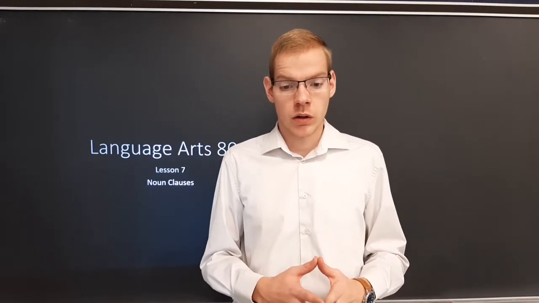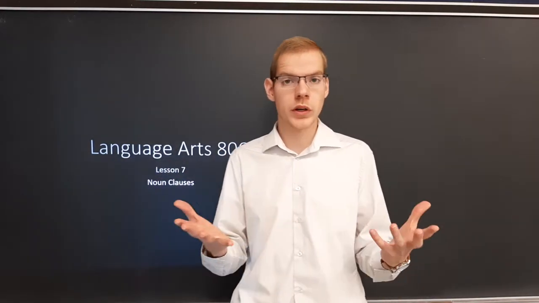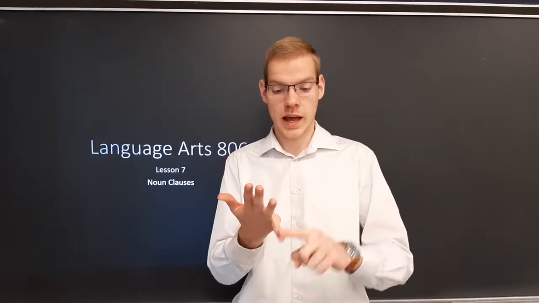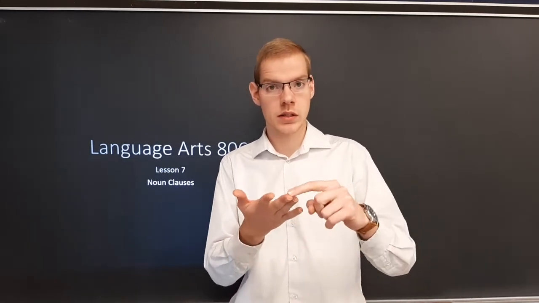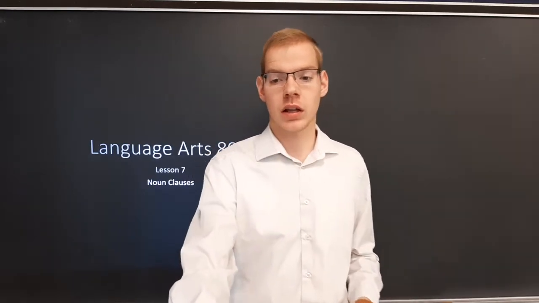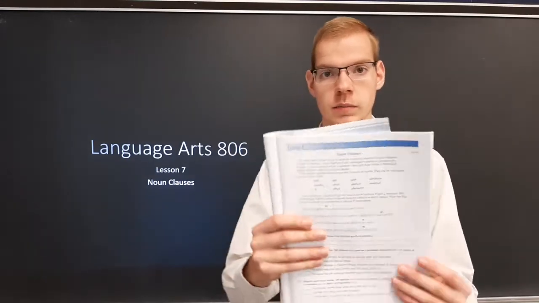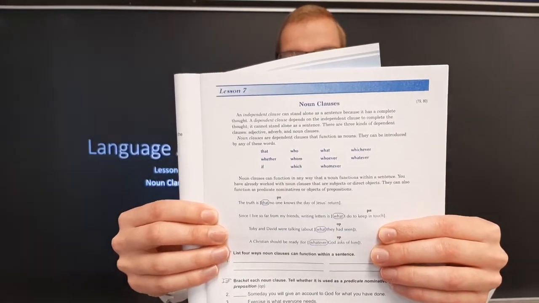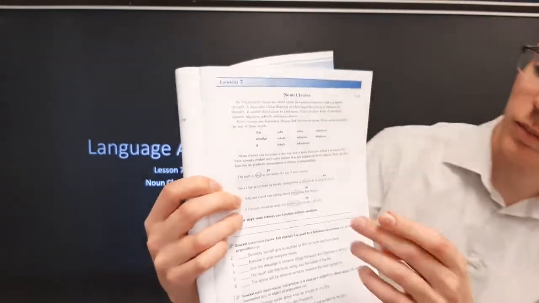So, first of all, noun clauses, we know that there are three different types of clauses. There are adjective clauses, adverb clauses, and noun clauses. Now, for noun clauses, there's a list, and I'm not sure if you can see this, if it will be clear there or not, but right there in your lesson, it has the list.